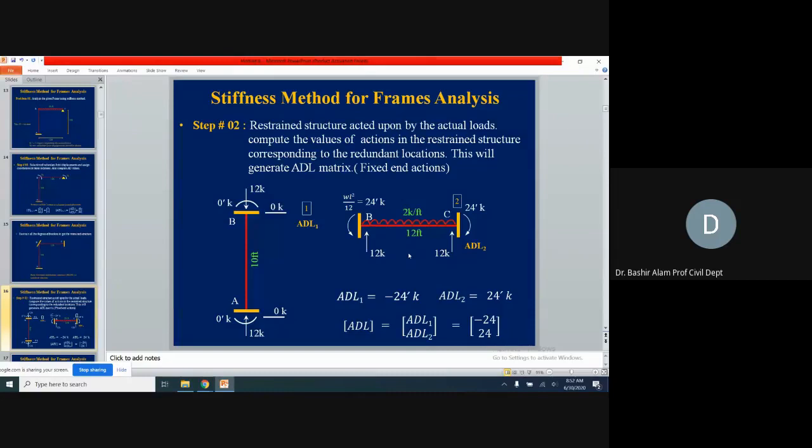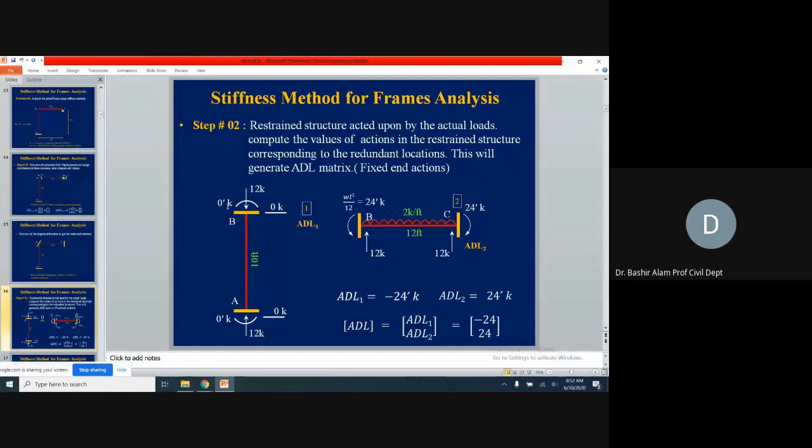Now coming to the ADL matrix. If we are discussing ADL1, we are coming to this coordinate 1, the D1 location, which was joint D. The corresponding actions to the rotations are moments. So from BA, MBA is how much?